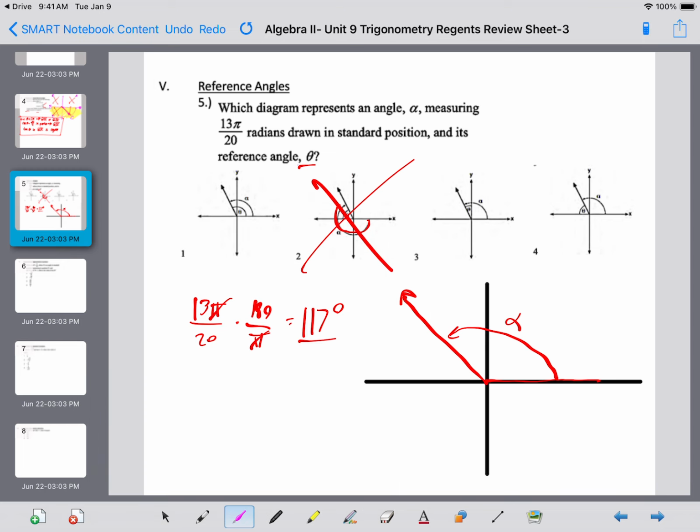Your reference angle, theta, is going to be this. So the only one that matches that is 4. It's not created by that in the y-axis, and this is just alpha that they drew twice.